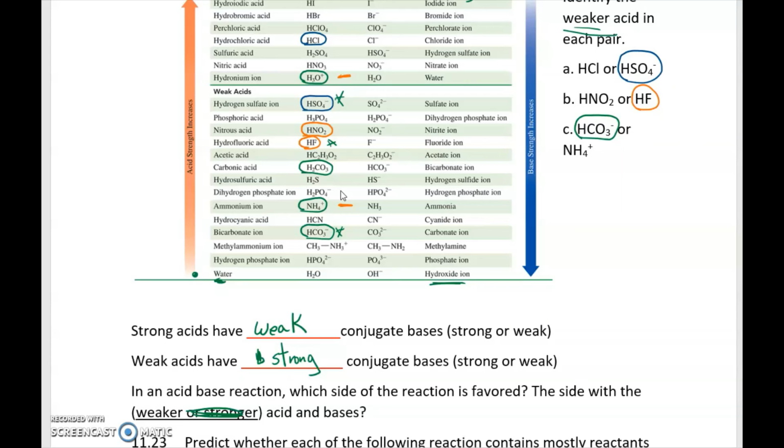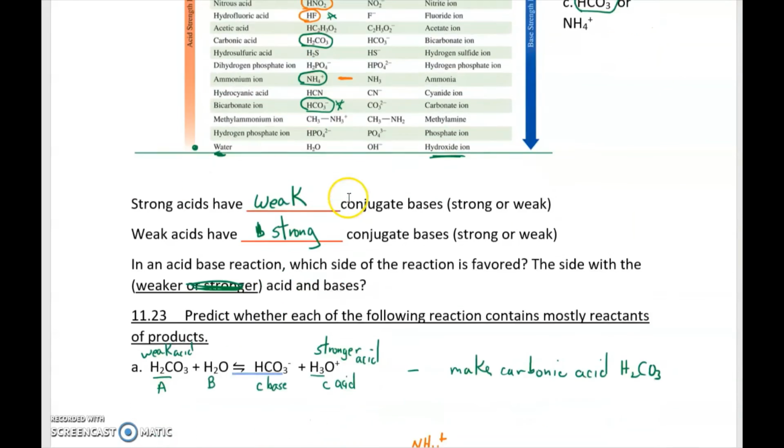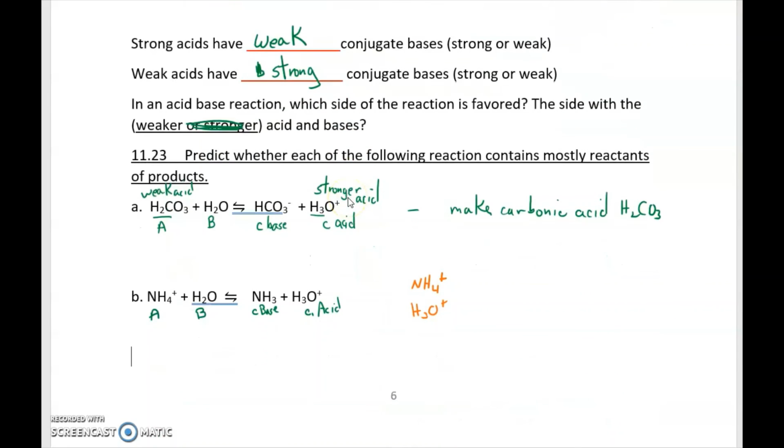So the ammonium ion is weaker, and this one is stronger. And so the reaction will go in this direction to make the weaker acid. And we will make more of the ammonium ion.